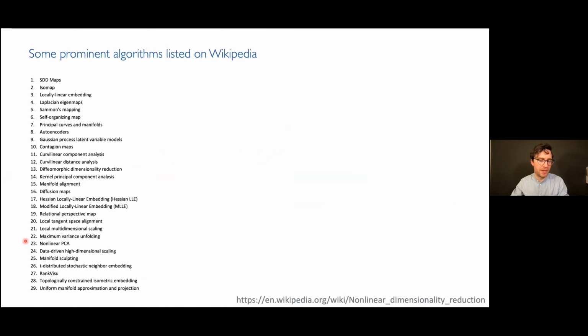I'm sure now there are more, and this list doesn't claim to be complete, right? So this makes very clear that depending on what you want, there are different things that you can do. Today, I will concentrate on uniform manifold approximation, a rather recent one, introduced, I think, in 2018, so 3 years ago.